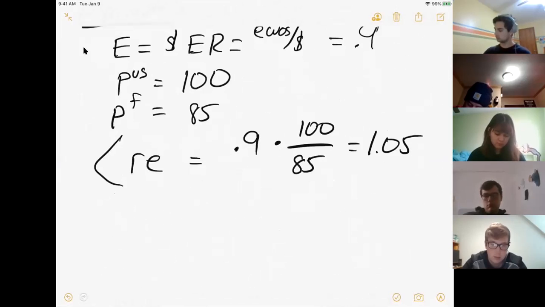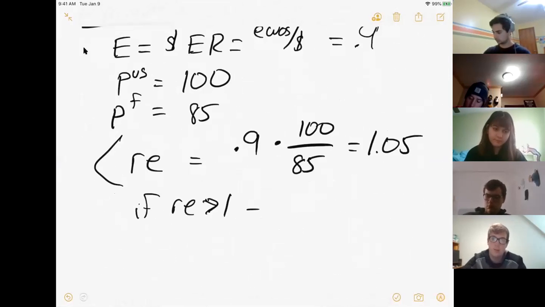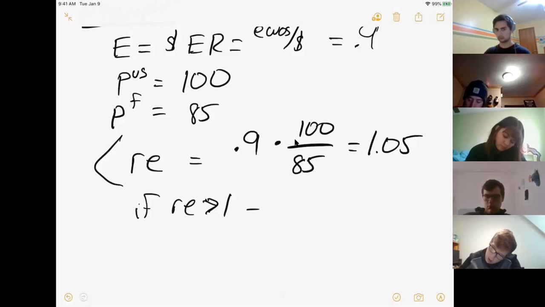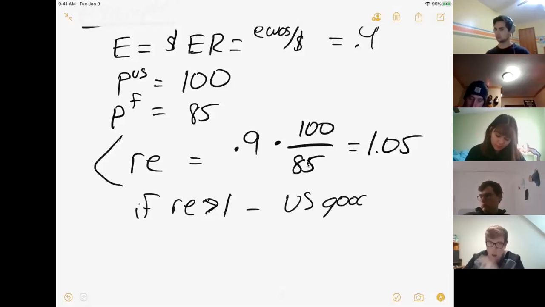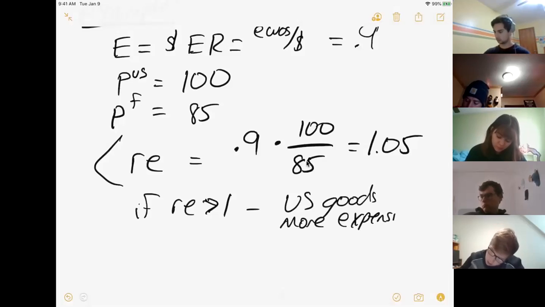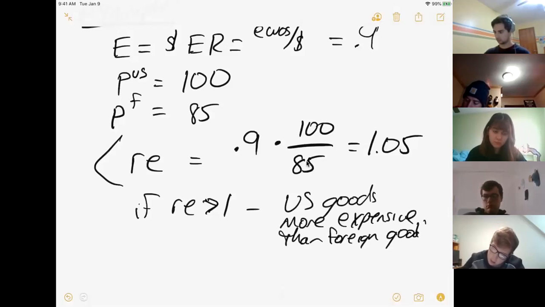So what does this mean? What does it mean if the real exchange rate is greater than 1? It means that the numerator here, this 100, is bigger than the 85. In other words, US goods are more expensive than foreign goods.